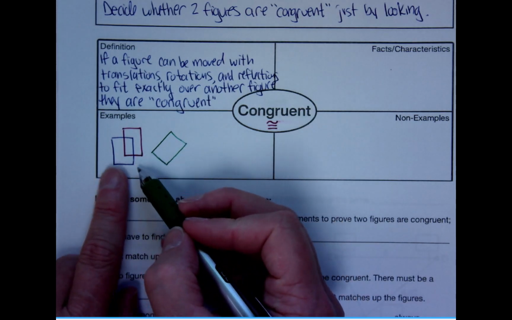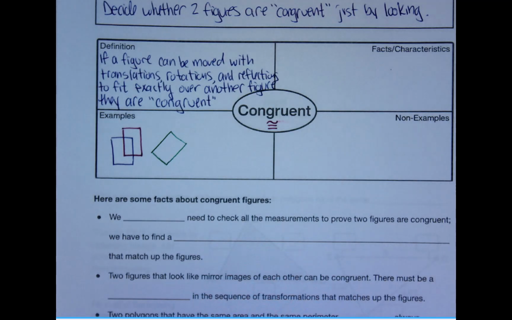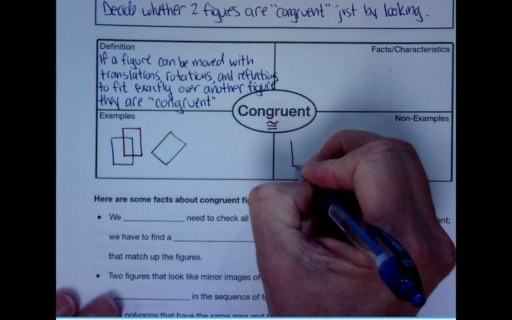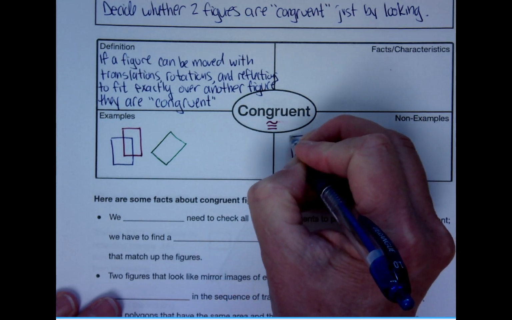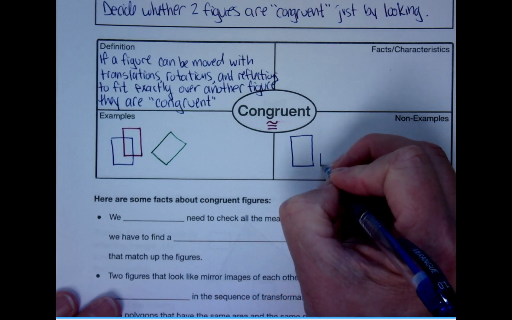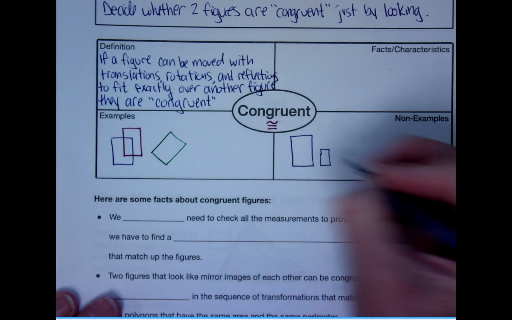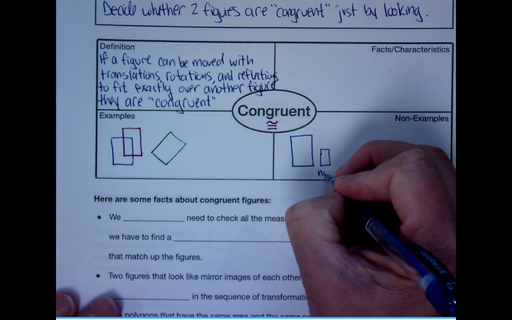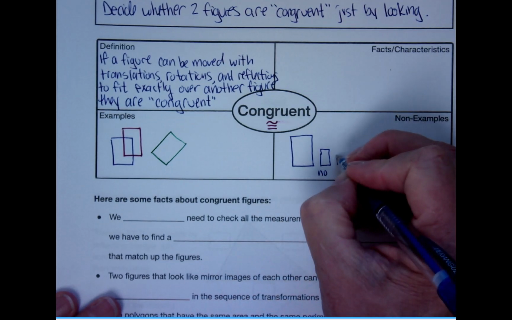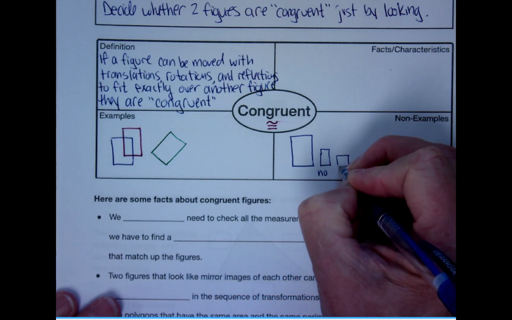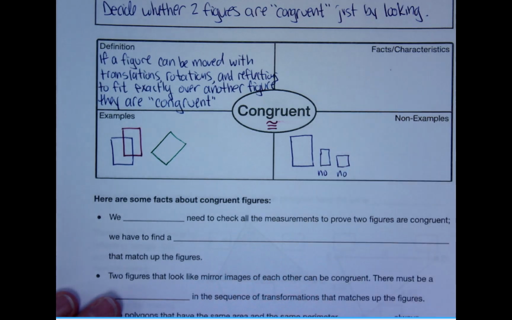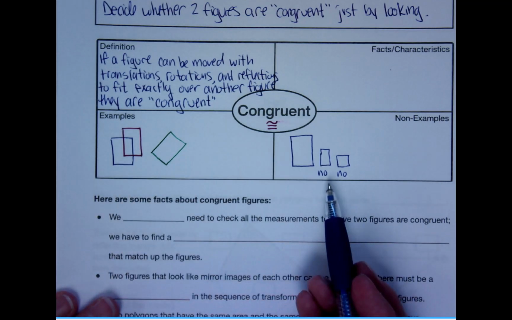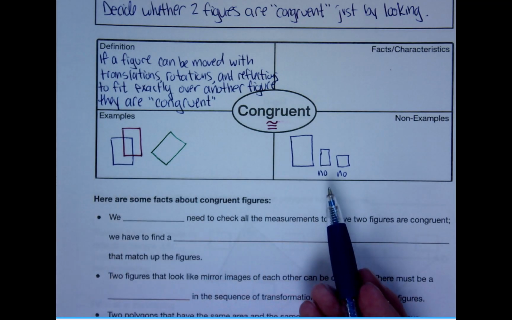If I rotated this and it could fit on top of the green one, then these would all be congruent. But if they're a different size or a different shape, they're not congruent. So if I start with this, and then I have a little mini me here, those are not congruent. Or if I have one that instead of a rectangle, I have a square, that's not the same shape. So these are all congruent. These are not congruent. They're not the same size and shape.